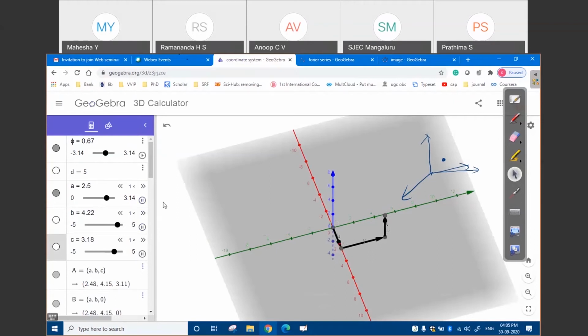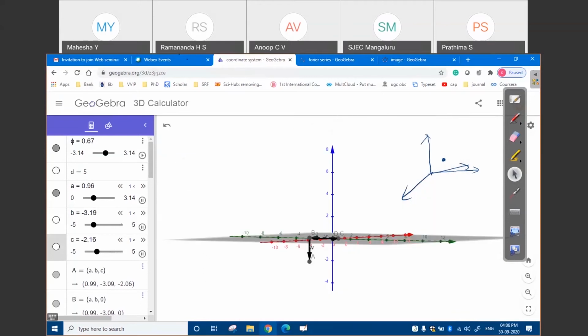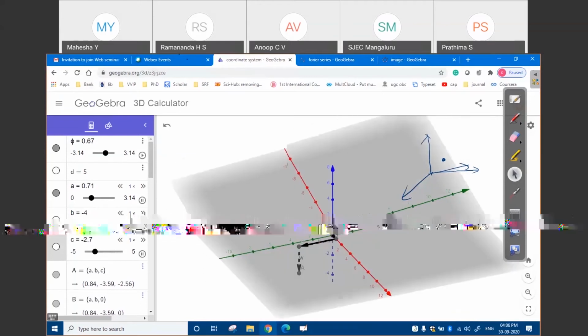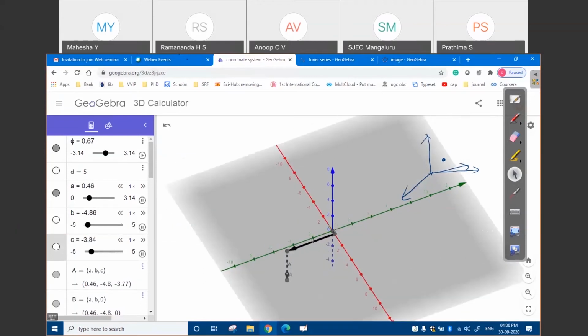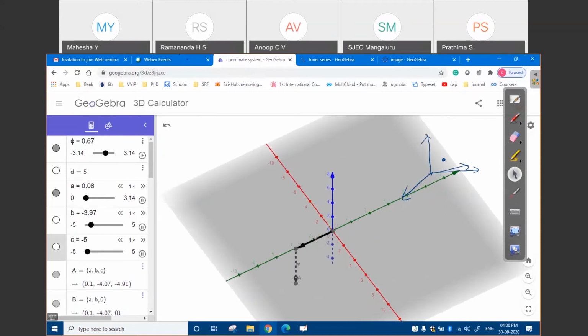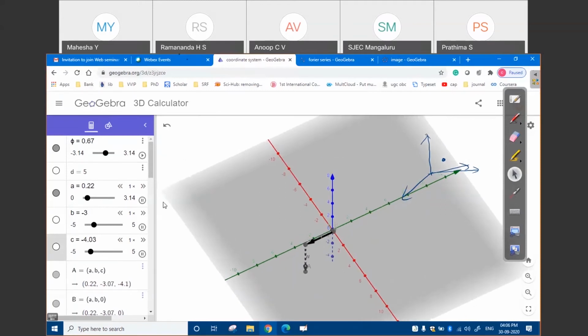How the lengths in A, B, C, or X, Y, Z change, how the point reaches different locations. So this is how I can explain to them: to reach a point, I can use 3 coordinates called X and Y and Z. Students normally know this, and I can show the negative axis also like this. If I want to reach a negative point also, what changes I have to make along the x-axis, y-axis, and z-axis. So these 3 parameters are required.